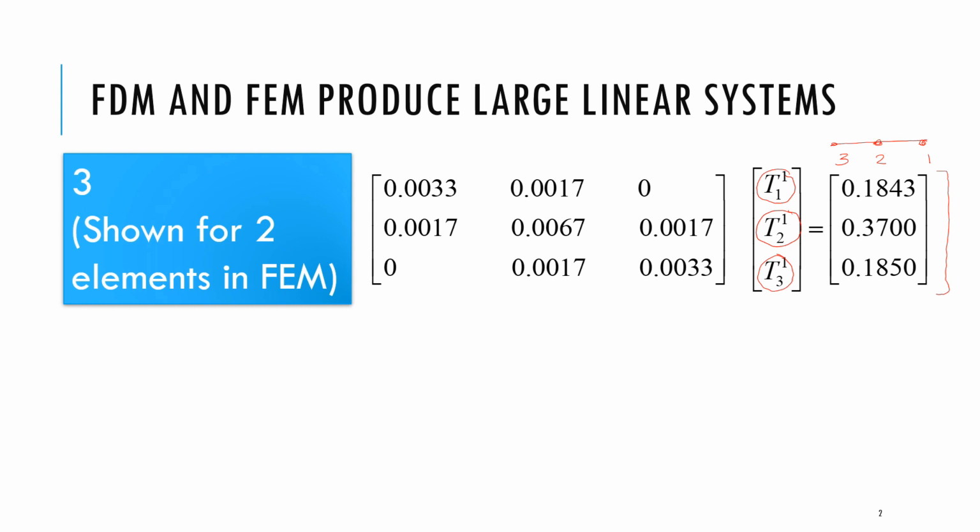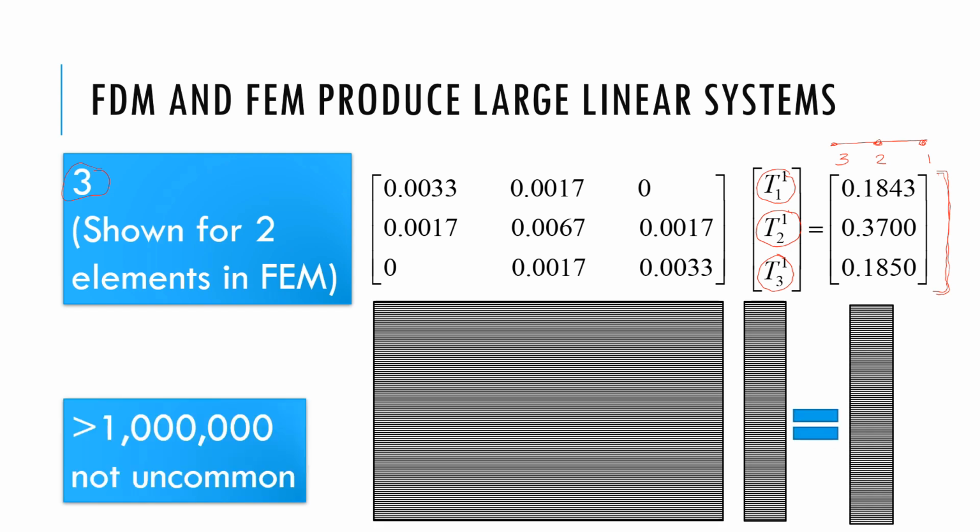But just remember that this equation is being solved at every time step, meaning you take another time step to march in time, you have to solve this equation or some version of it again. In a complex domain and complex physics, even though what I'm showing here is 3, in such a complex situation, 1 million is not that uncommon.